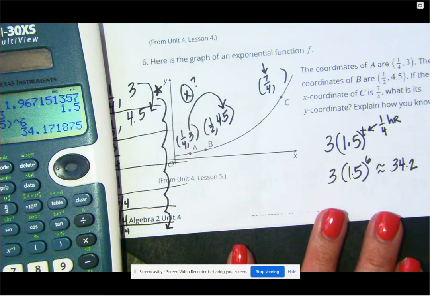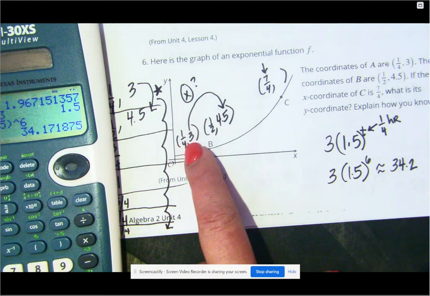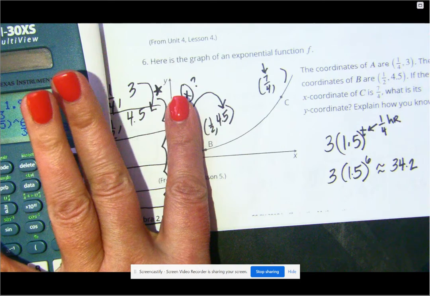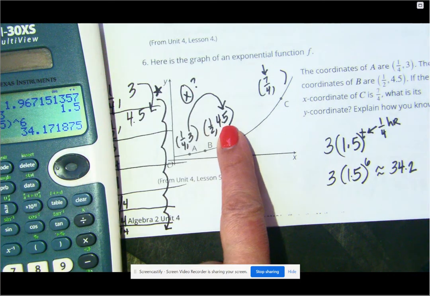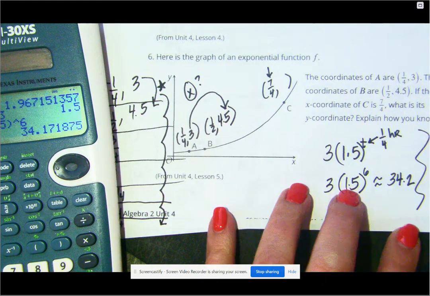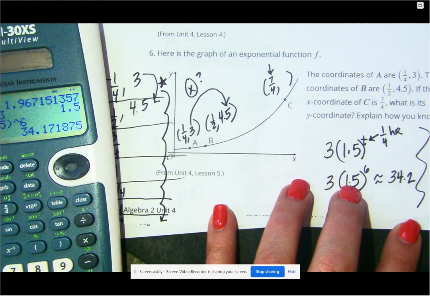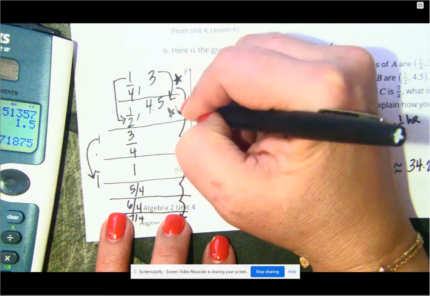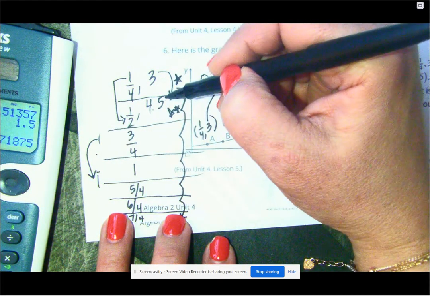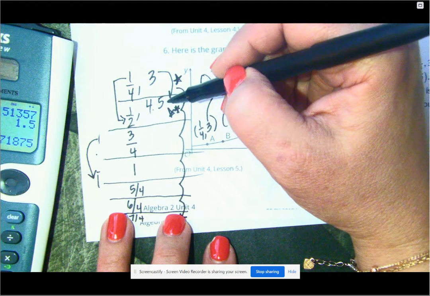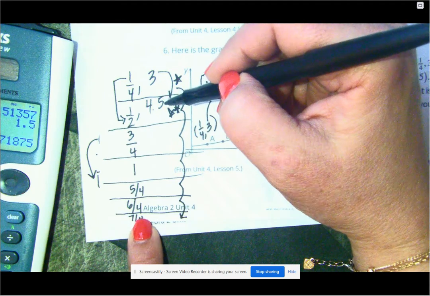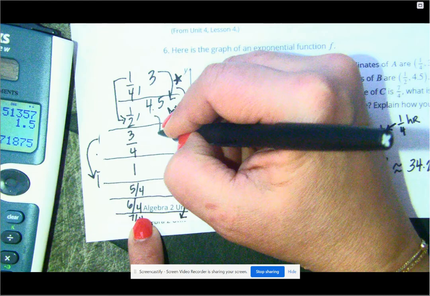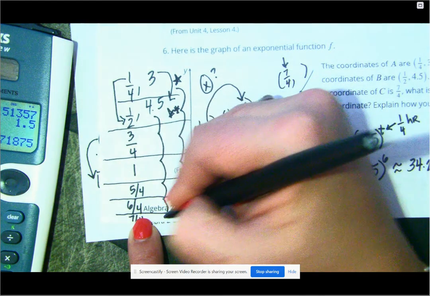Now I want to show you that it doesn't matter if I started with that point, I could have done this one. Watch. If I said 4.5 times 1.5 to the t, so now I'm starting here. If I'm using that as my starting number, how many times am I jumping until I get to 7/4? So I'm only going 1, 2, 3, 4, 5 times.